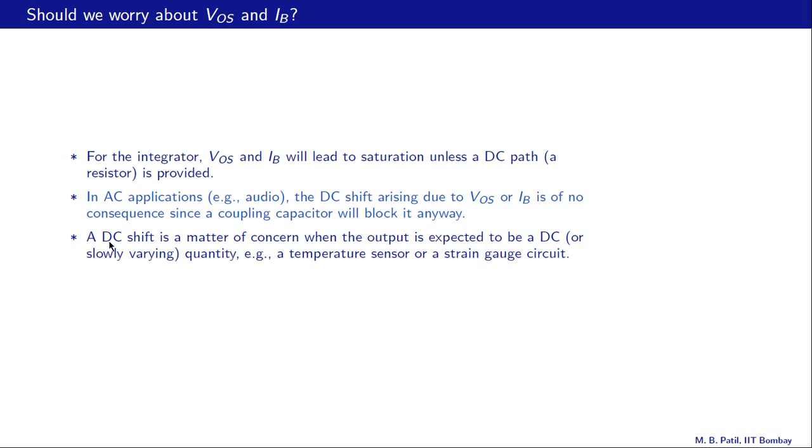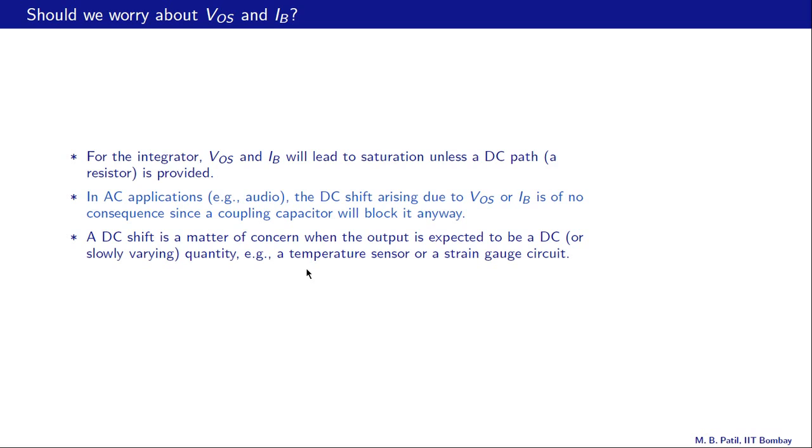A DC shift is a matter of concern when the output is expected to be DC or slowly varying. For example, consider a temperature sensor. So we have something like a bridge circuit to sense the temperature that gets amplified maybe in one or two stages and finally displayed or supplied to some control circuitry.